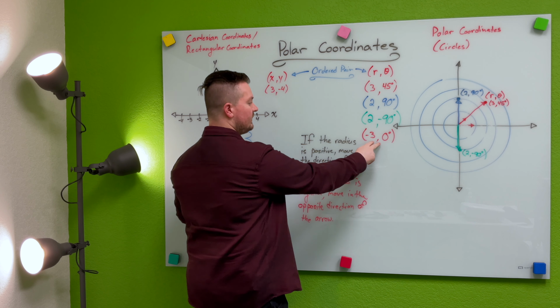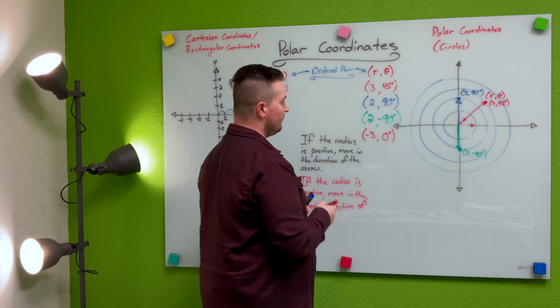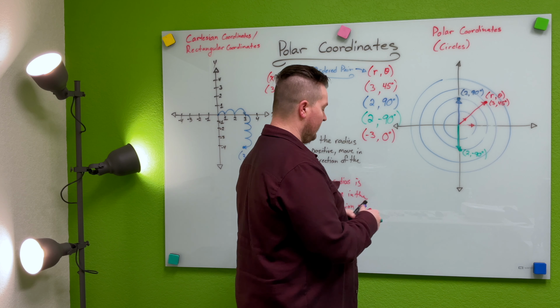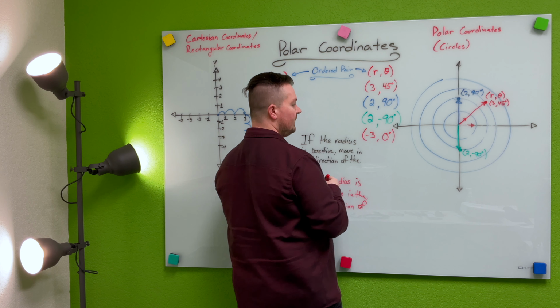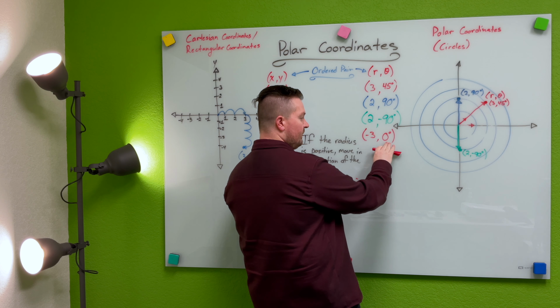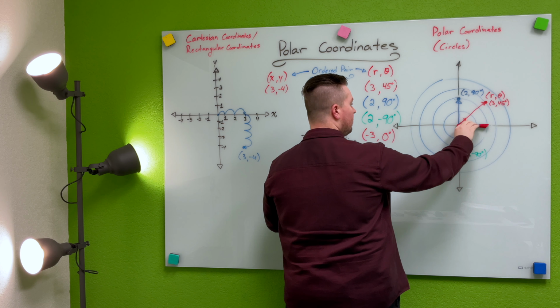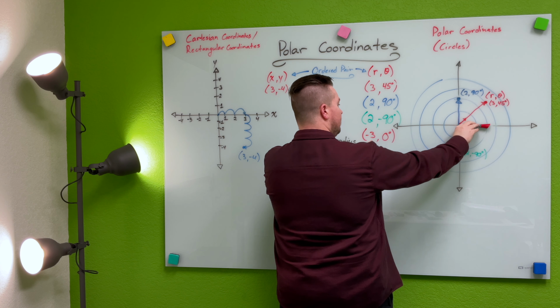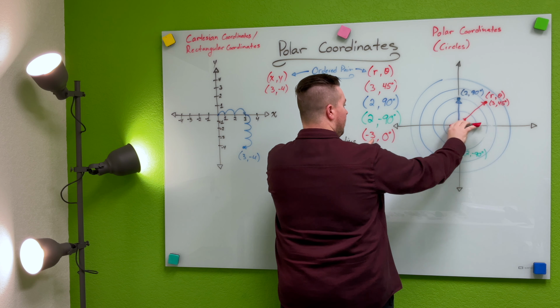So let's look at this example. First things first, I'll use red. So here we see this is red. The angle we're facing is 0 degrees. So we start by facing the positive x-axis, and we are going to turn 0 degrees, which means we don't turn. But now we think about our radius being -3. -3 says we are going to go 3 steps in the opposite direction as the direction we're pointing.